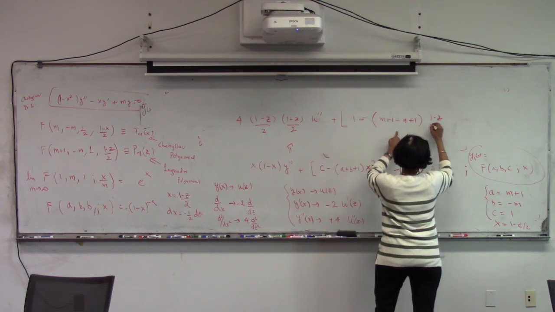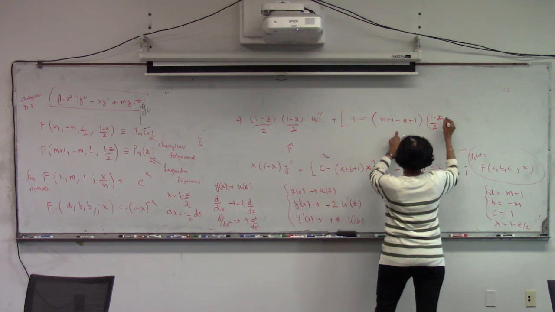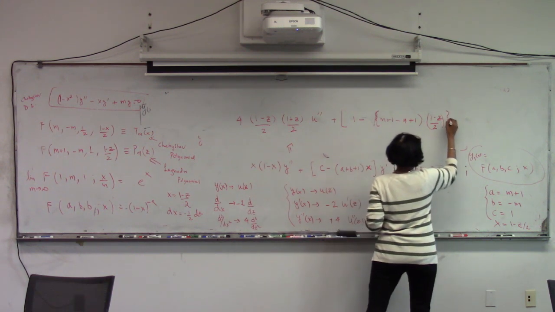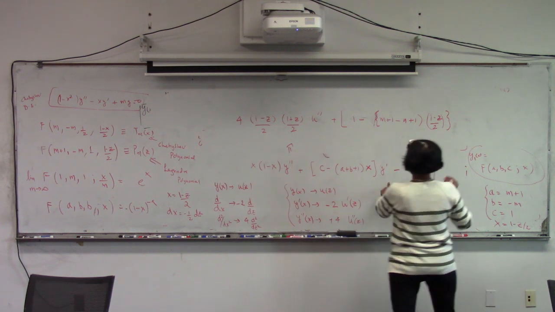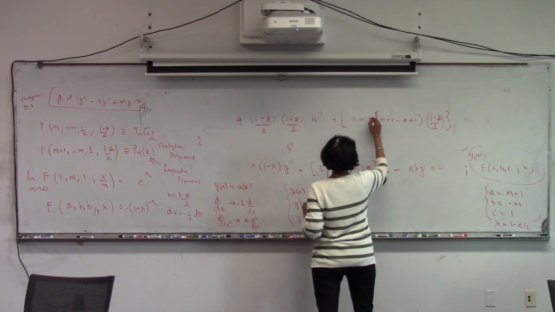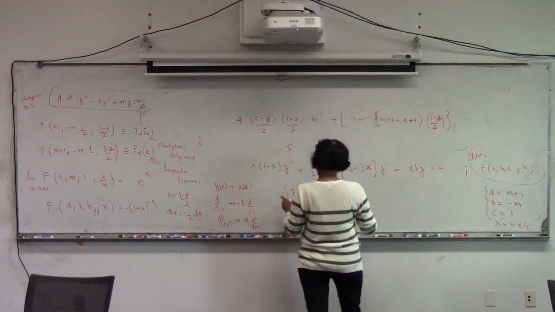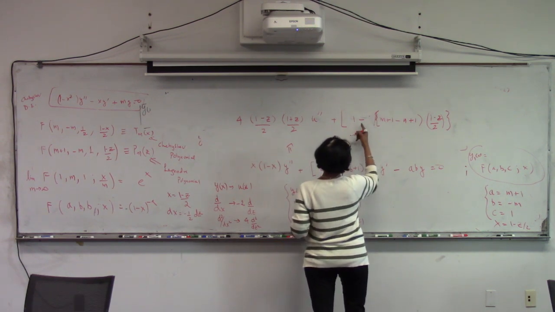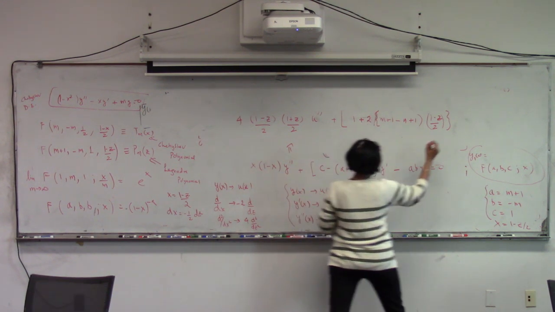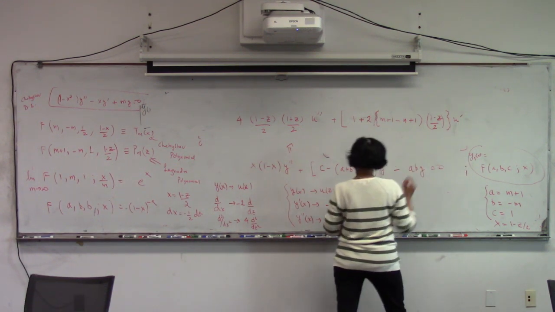Okay, 1 minus z over 2. Y prime has now become negative 2. Y prime is negative 2 over, so this will become plus, I think, plus 2 u prime.